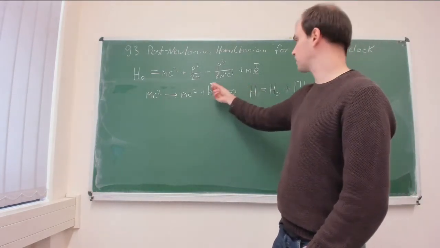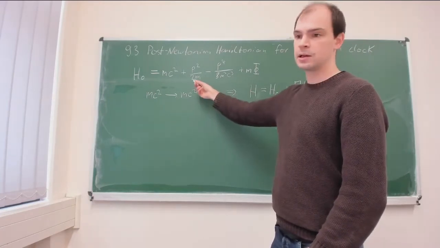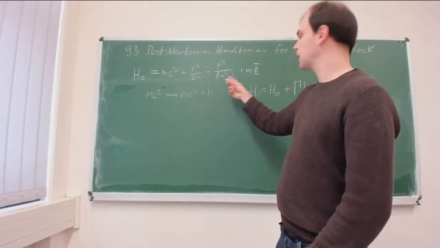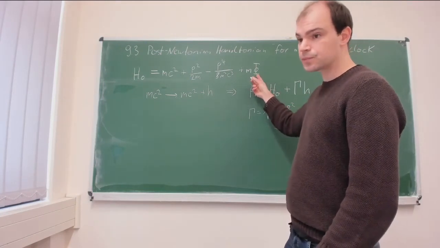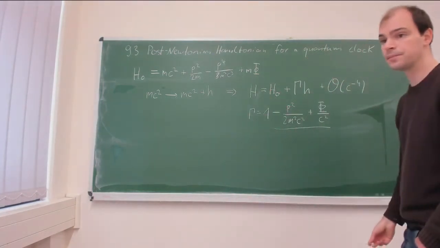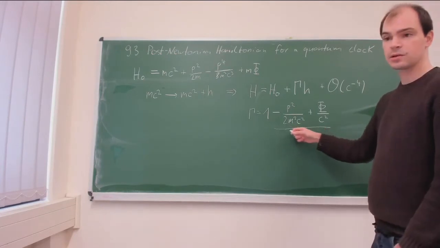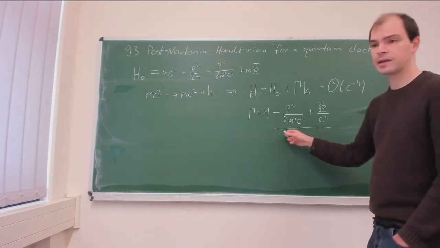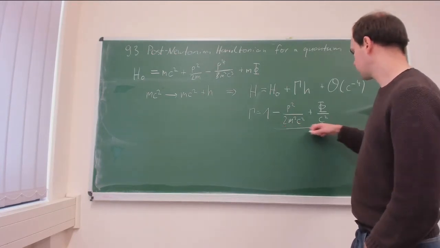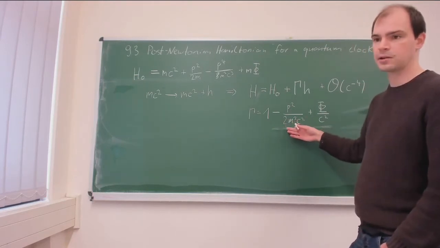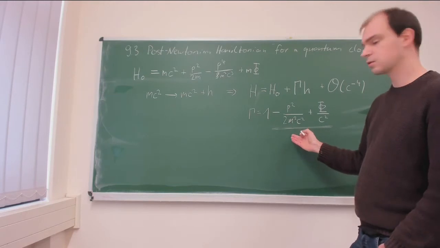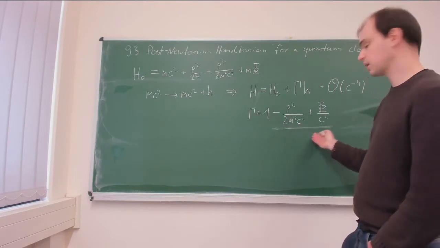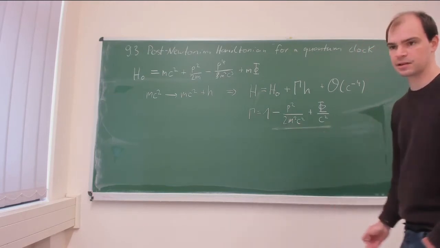So we get a coupling of the internal energy to momentum, and we get a coupling of the internal energy to the gravitational potential. And those are those two expressions, and you can actually understand them again as the effect of a special relativistic time dilation, or a special relativistic effect and a general relativistic effect.